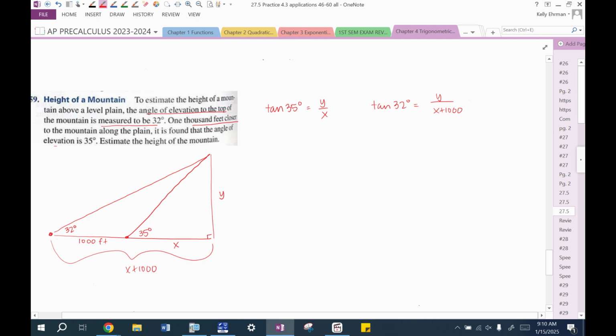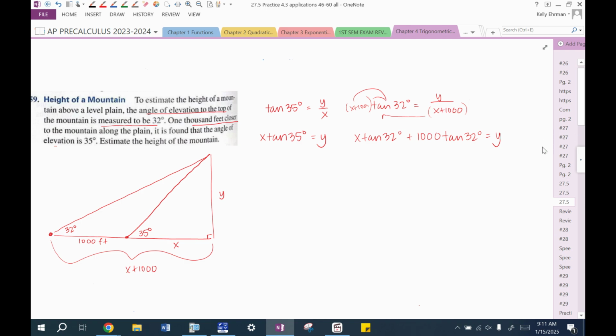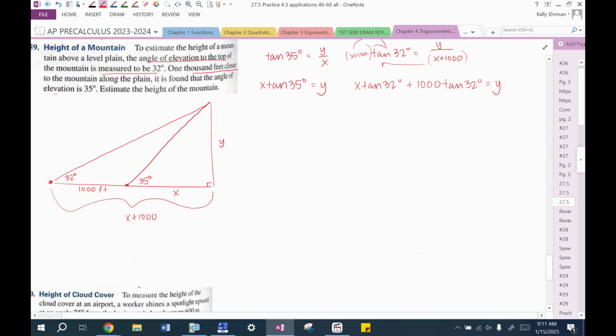Then what did we do? We solved for y. So multiply the x out of the denominator. When you do that on this side, you're multiplying with parentheses, x plus 1,000. So I'm going to distribute. So x times the tangent of 32 degrees plus 1,000 times the tangent of 32 degrees is equal to y. All right, and then if both of these equations are equal to y, we can set them equal to each other.